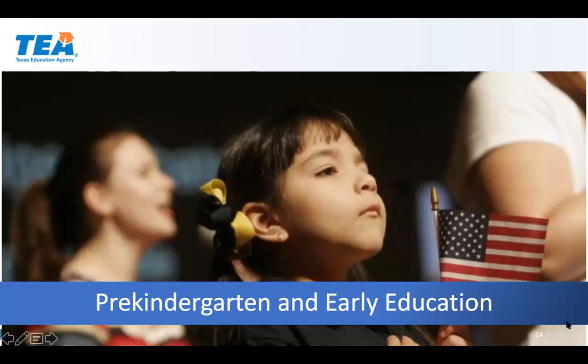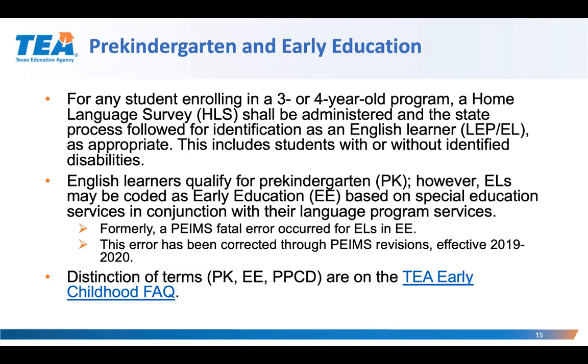Now let's discuss briefly pre-kindergarten and early education as it relates to English learners. For any student enrolling in a 3- or 4-year-old program, a home language survey or HLS shall be administered and the state process followed for identification as English learner, LEP-EL, as appropriate.